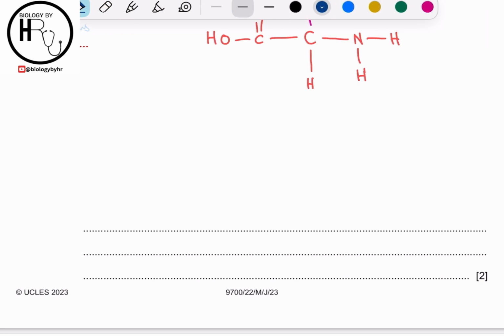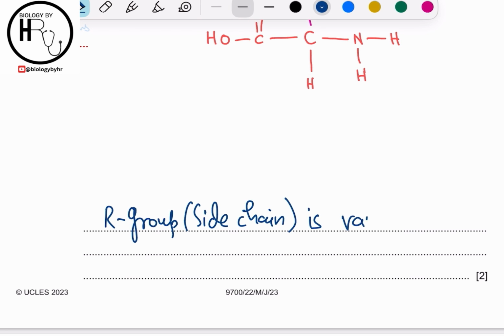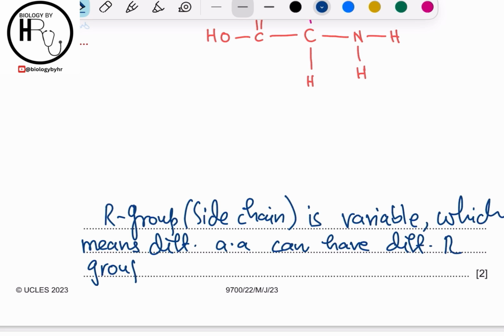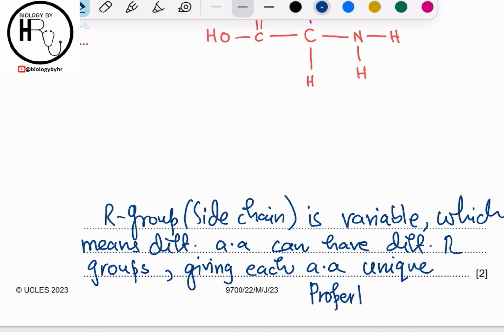How? Because we know that the R group, or the side chain, is variable, which means that different amino acids can have different R groups, giving each amino acid unique properties, right?